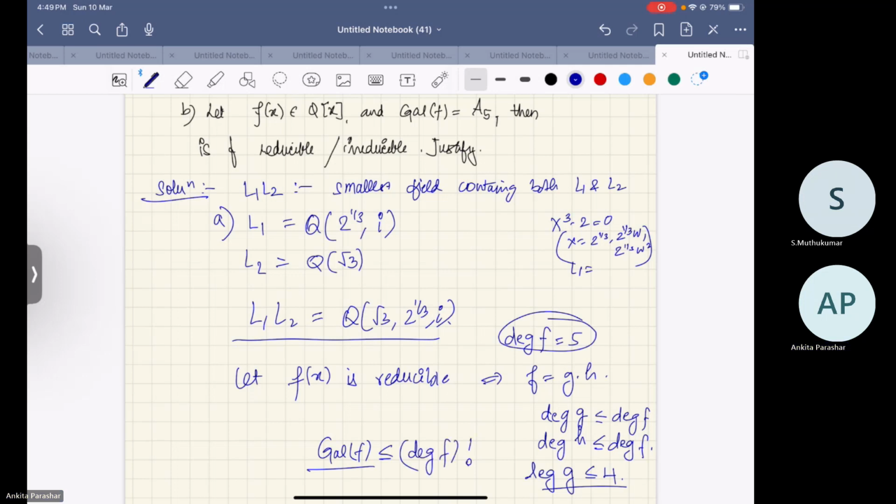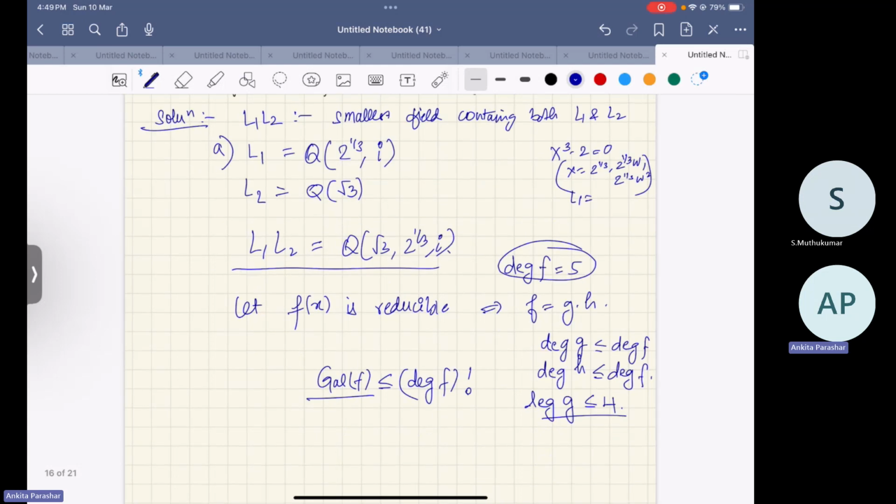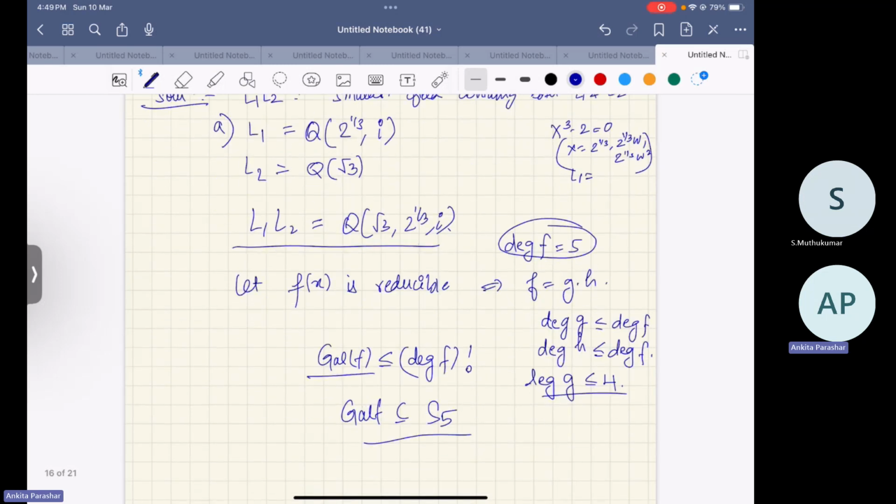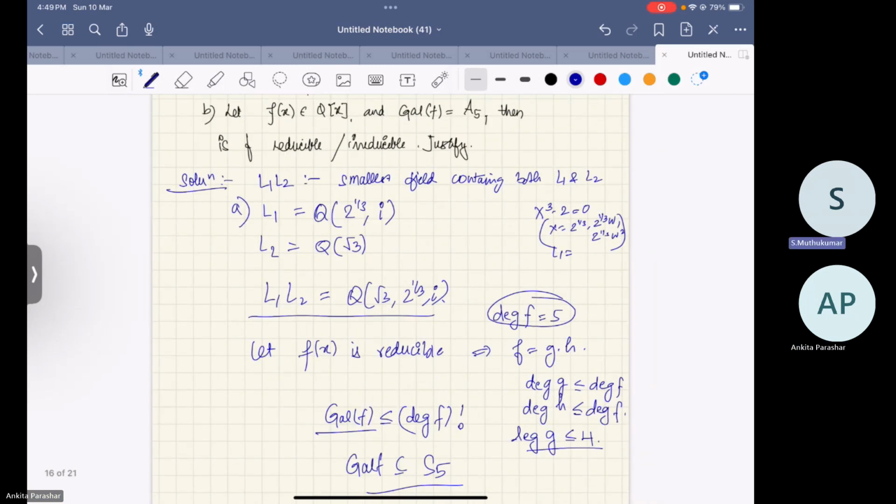So the degree of g has to be less than or equal to 4. Why? Because the degree of f is actually 5, and the Galois group of f is a subgroup of S5. So if we are working over A5, that means the polynomial has degree 5. So if it has reducible components, the degrees of those polynomials have to be less than or equal to 4. But does it contradict something?